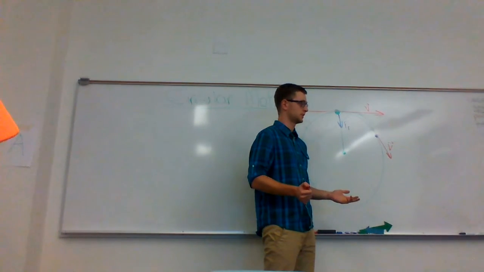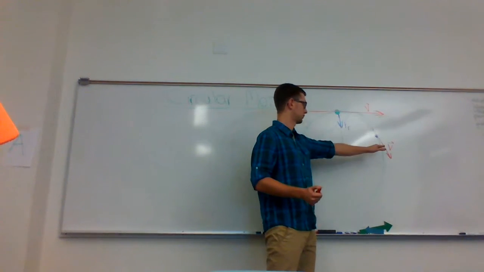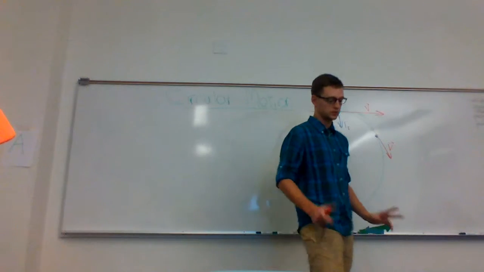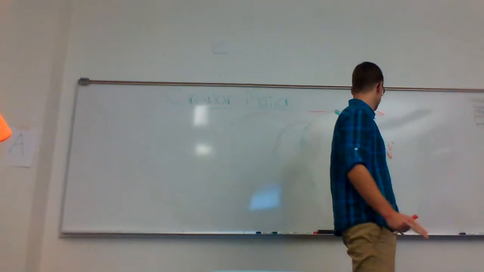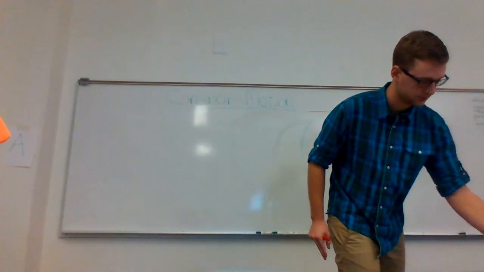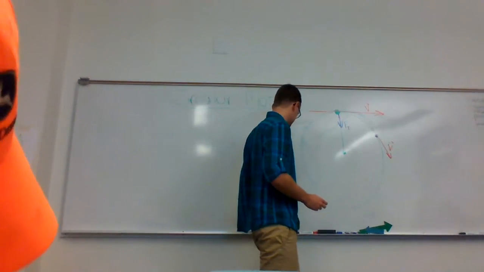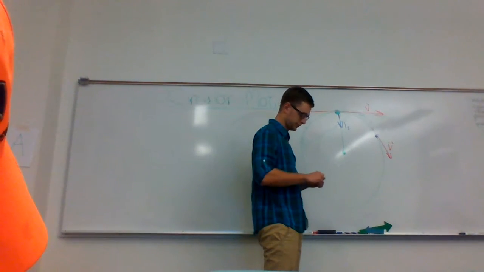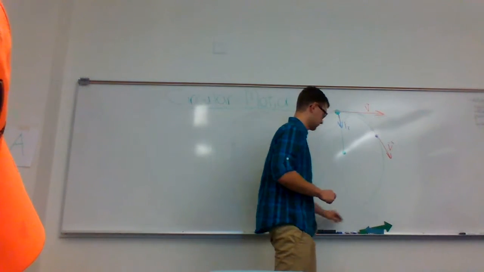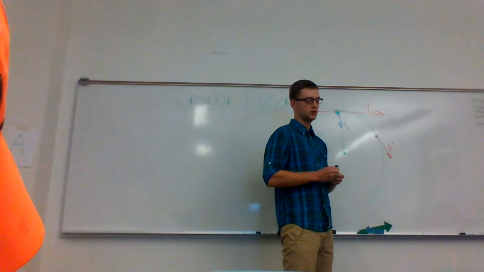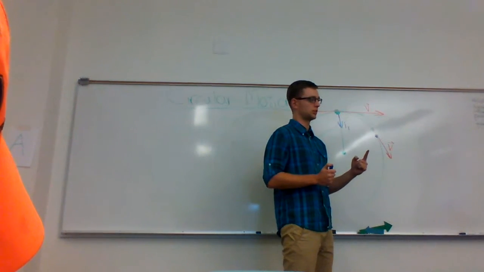So we have a uniform speed throughout the entire circle. It's always moving at the same speed. So that's uniform centripetal motion.